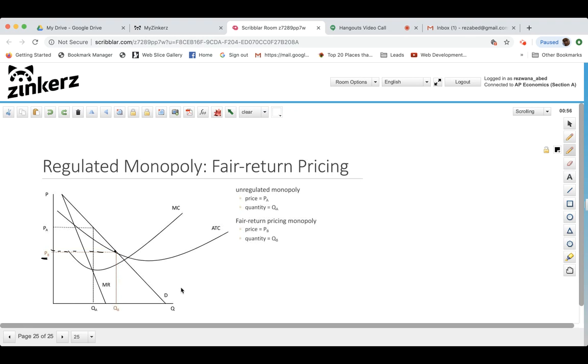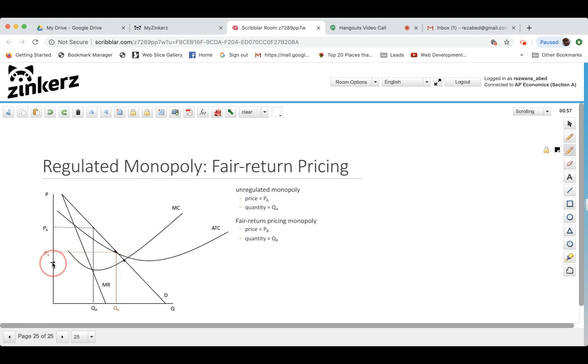Okay, so this is the fair return pricing. This is when they're at least making a normal profit. If you remember back to what the marginal cost pricing was, that price was over here, where marginal cost intersects demand.